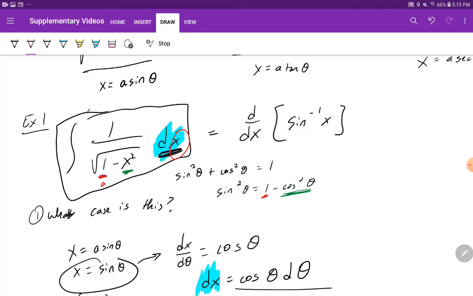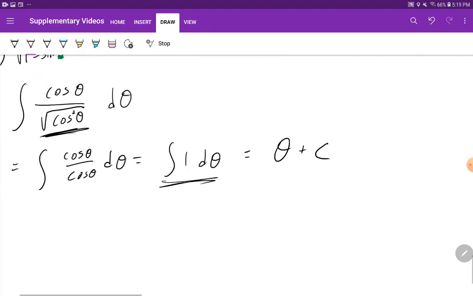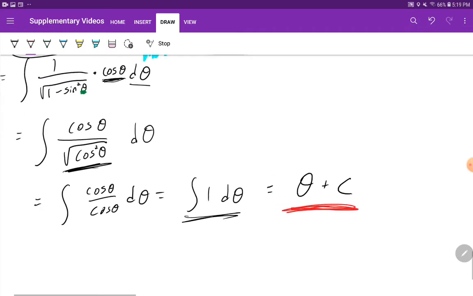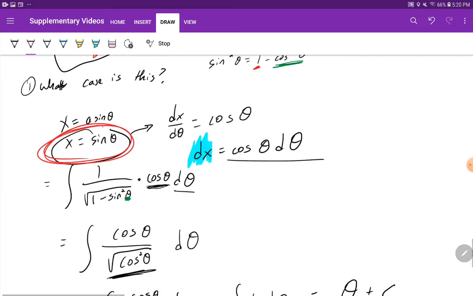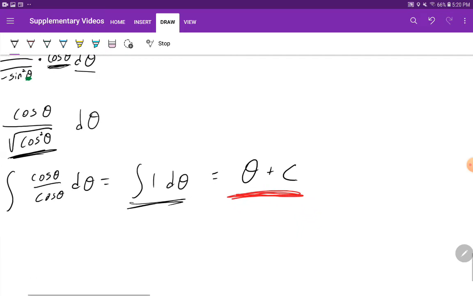If I give you a problem in terms of x, your answer needs to be in terms of x. So the very last step is you need to turn this back in terms of x. Well, how do we do that? I have a theta here. If I go back to the original substitution, that should help me convert back to x.